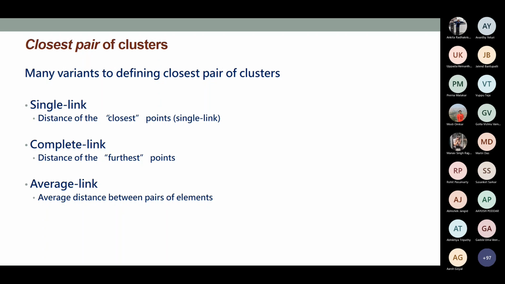In complete linkage, the distance is computed based on the farthest points of the two groups. It's a different viewpoint, and you will get to know why these viewpoints are taken and their benefits. The average link is the middle ground, not closest, not farthest. You consider the distance between all possible pairs of elements between the two groups and take the average value. So broadly, there are three possible approaches.